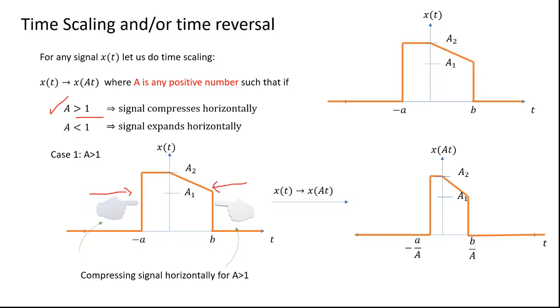There is a horizontal compression towards the origin. It compresses when this positive number a, the scaling factor, has a value greater than 1.